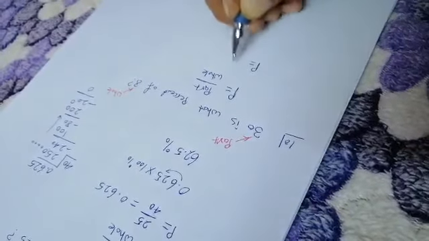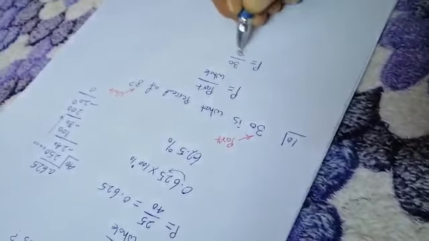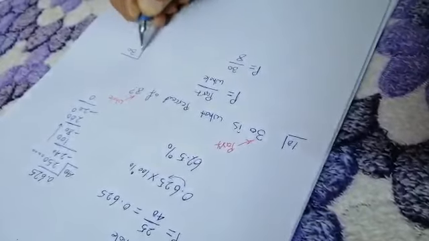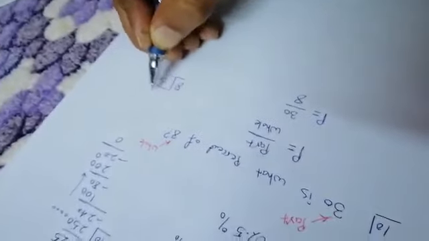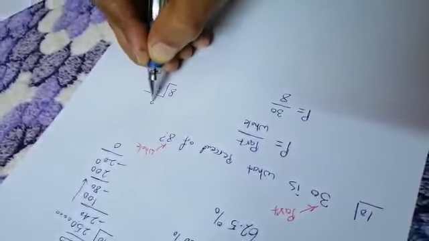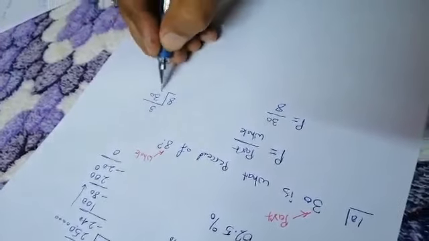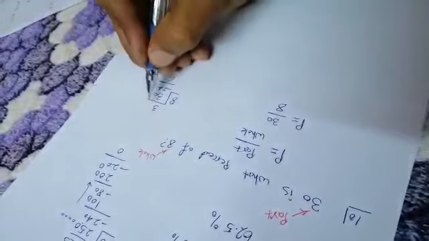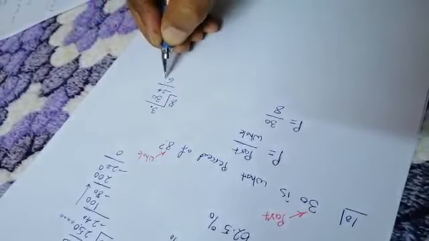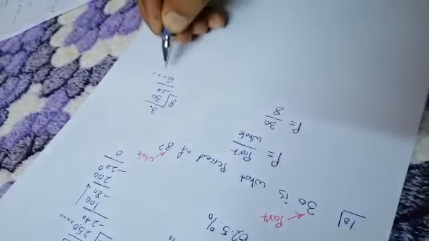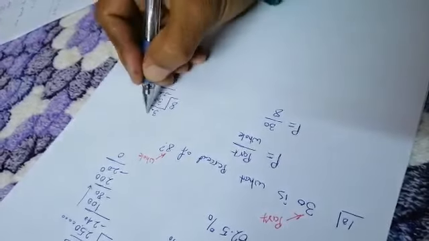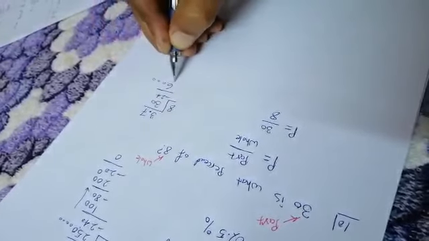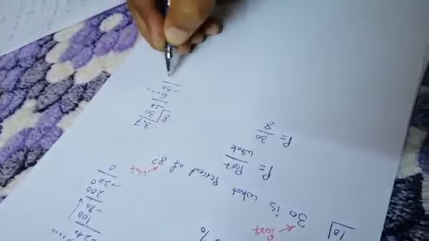Then P equals 30 divided by 8. 30 divided by 8 is 4. No, not 4, it's 3. 3 multiplied by 8 is 24. Subtract them, 6. 6 divided by 8, we can't, so we add a decimal in the quotient. Now we have unlimited zeros. 60 divided by 8 is 7. 7 multiplied by 8 is 56, subtract them, 4.